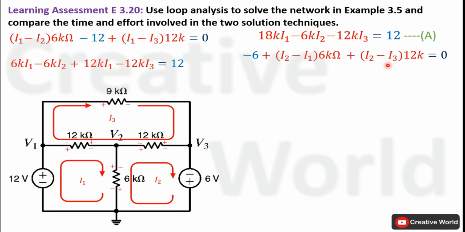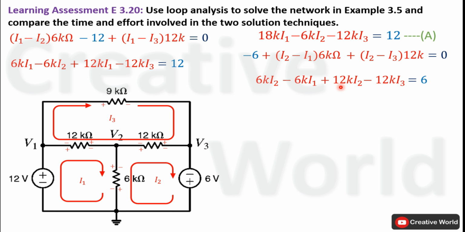Now open these brackets, multiply 6 kilo ohm with variables inside the brackets. This minus 6 is placed on the other hand side of equal, and this 6k is multiplied with I2, it will become 6k I2. Similarly, minus 6k I1. Here 12k is multiplied with variables inside the brackets, 12k I2 minus 12k I3.